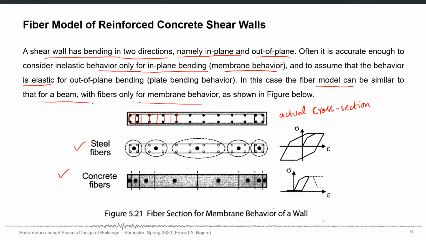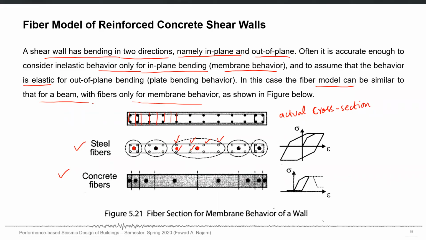Each of the black points here is a steel fiber, accounting for some of the rebars close to that fiber. In the middle, we have steel fibers, and we can lump different rebars to make one fiber. All of these 6 bars, 8 bars, are lumped as one steel fiber in the middle. You can also lump 2 bars and make more steel fibers.